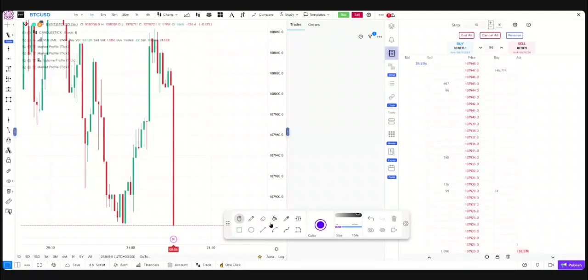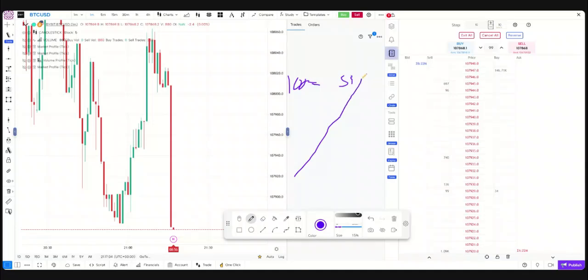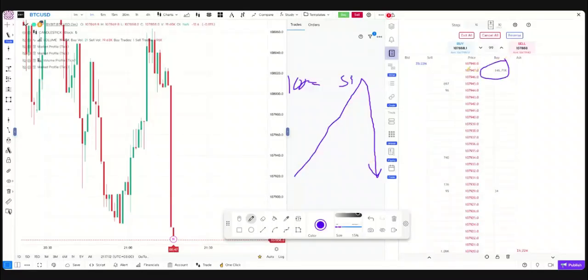We say it's the same people. Say at price level 100 a lot of sell positions were placed, a lot of people sold at that place. So we say the same people who sold at that specific level want the price to reach that zone so they can sell again. So here too you should look for where there were large orders.